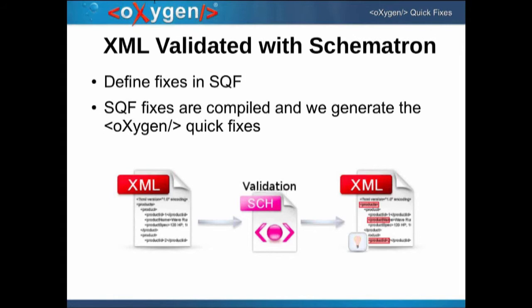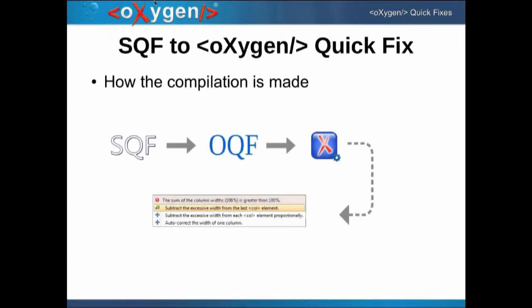So we provide quick fixes also for validation of an XML against a Schematron if you use the SQF language that Nico showed you. And we have a similar implementation to what Nico does in the XMLPrague plugin. We compile the Schematron Quick Fixes and generate a language that can be understood by oXygen to provide the quick fixes that oXygen supports. So it connects to the quick fix support that we already have for the other languages.